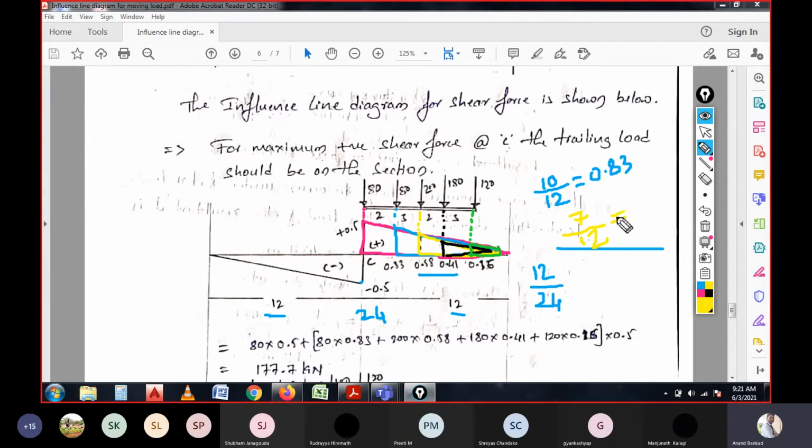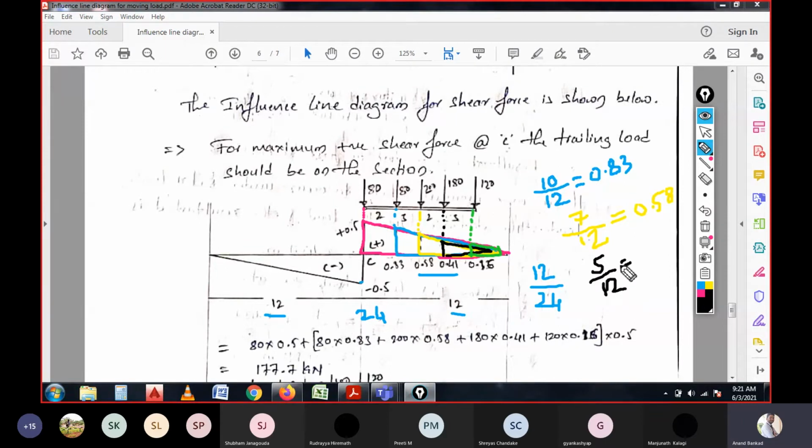So what will it be? 7 by 12, it is 0.58, and the corresponding values are written at the section of the span. So now what is the section for this? Here it is a total of 5 meter for the span of 12.